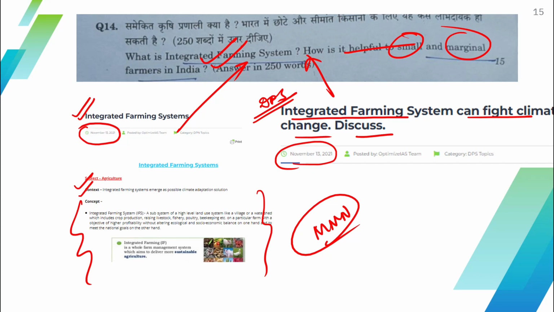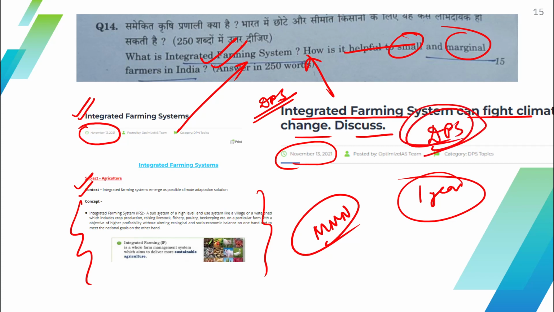So guys, if you are following the right resources just for 1 year, I'm not saying you prepare what is there in April 2020 or April 2021. No, I'm just saying, prepare 1 year of current affairs from the DPN, read the mains master notes, and attend the DPS discussions, and no force on earth can stop you from qualifying this examination.